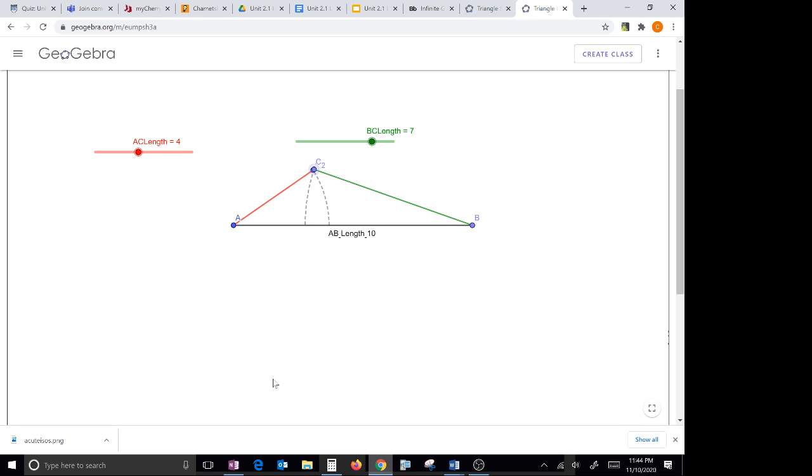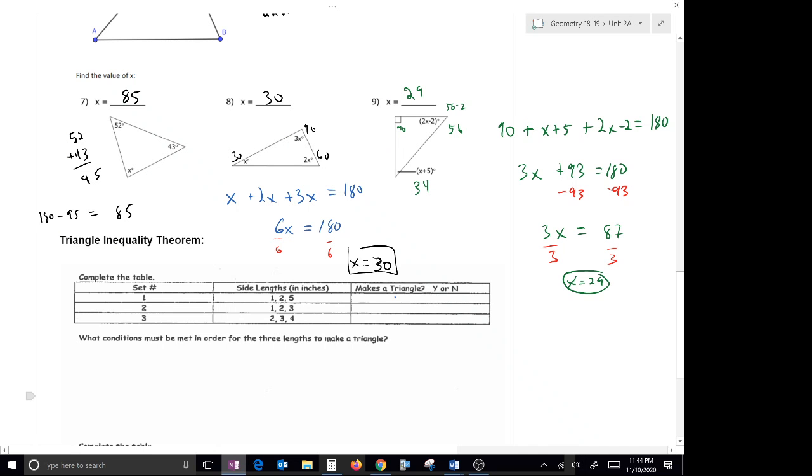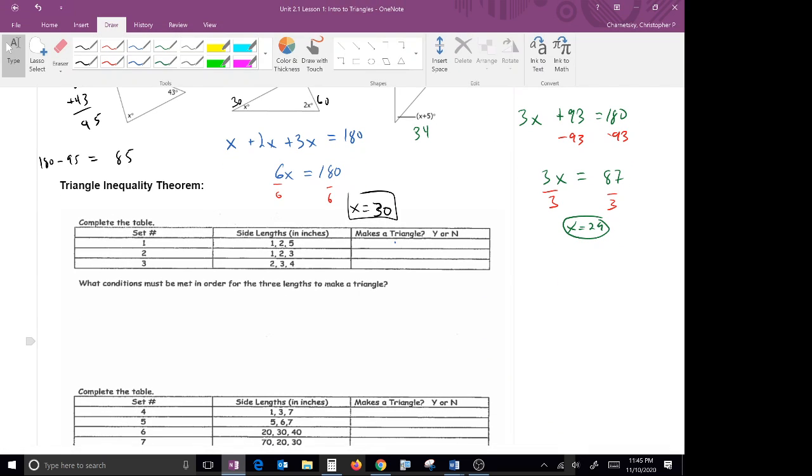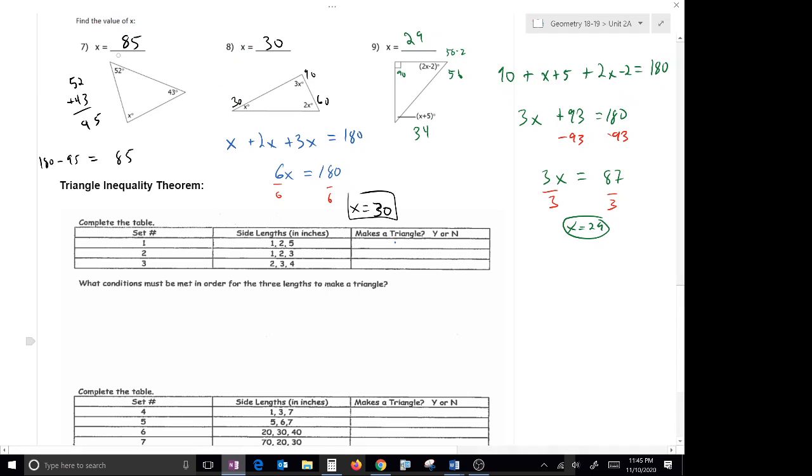So you can see that our rule in the triangle inequality theorem says that the two smaller sides must add up to be greater than the largest side.